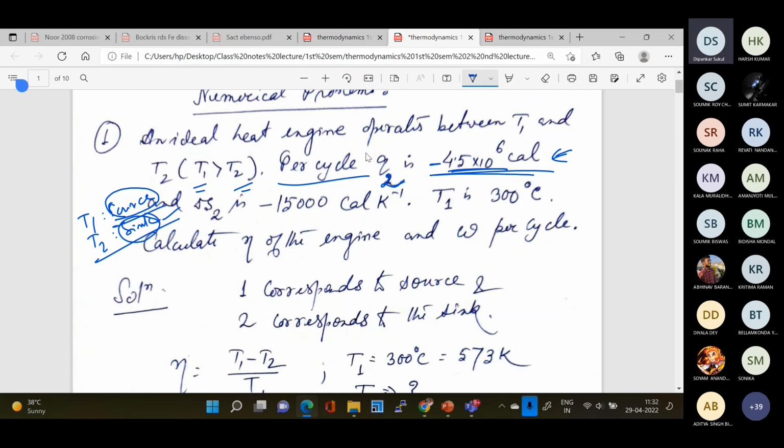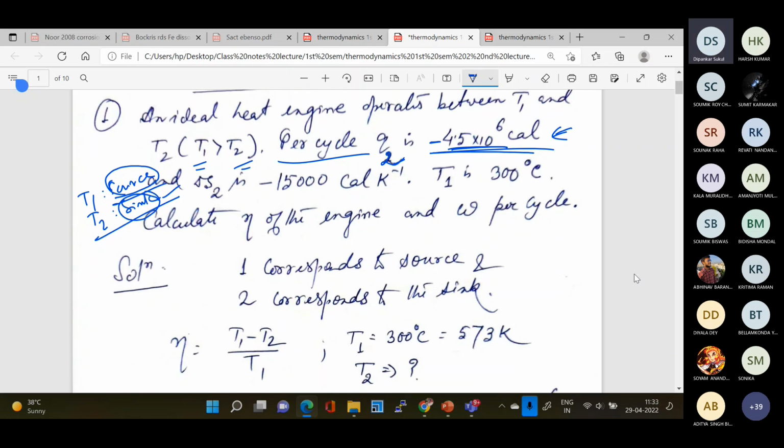Here actually I have misplaced the Q1 and Q2, I think.